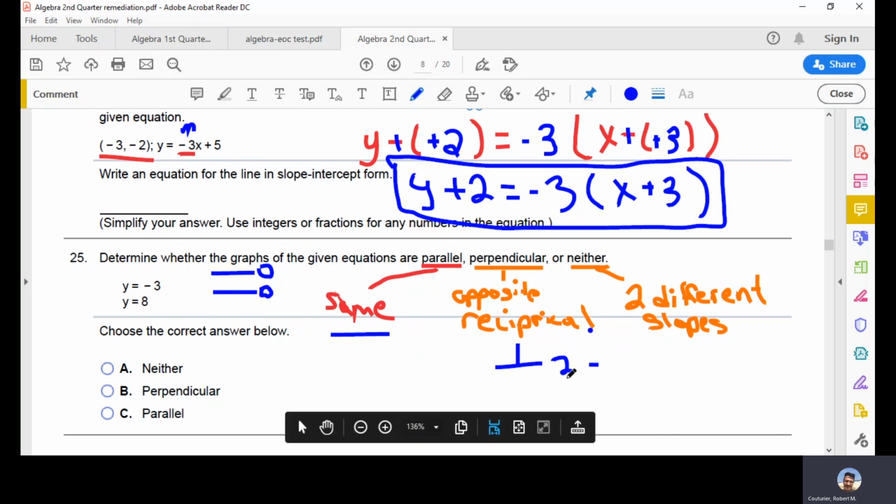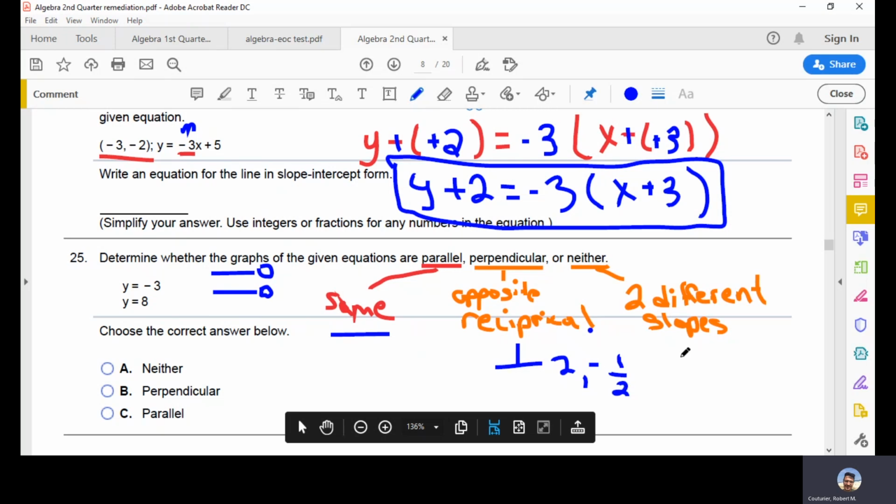So if this is a positive 2, we put -1/2. So here's the difference between these: they represent two different perpendicular slopes, 2 and -1/2. Opposite, sign change, reciprocal, flip it over.